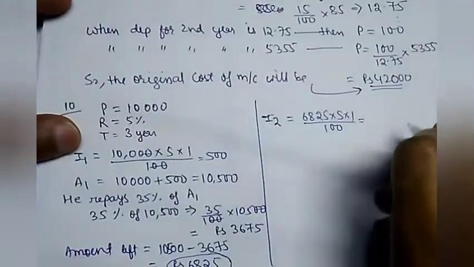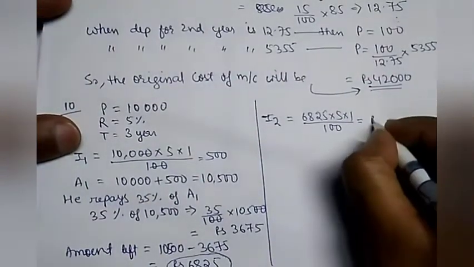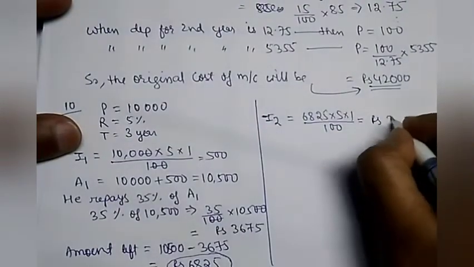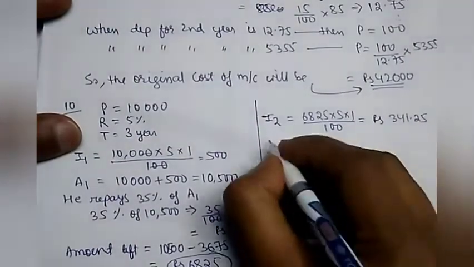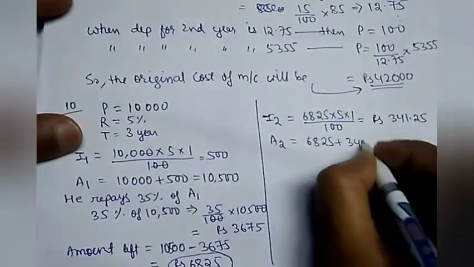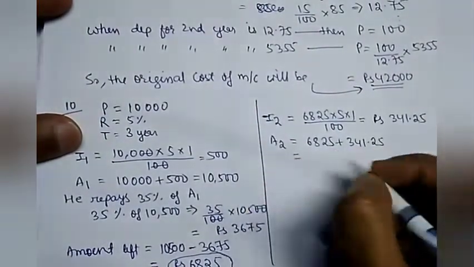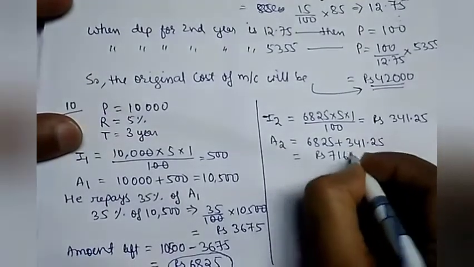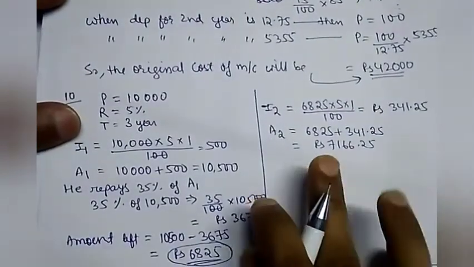By solving this we get I2 equal to rupees 341.25. So the amount at the end of the second year is equal to 6825 plus 341.25, which comes to rupees 7166.25. This is the amount at the end of the second year.